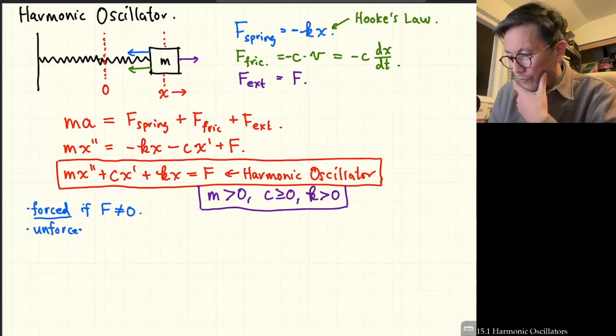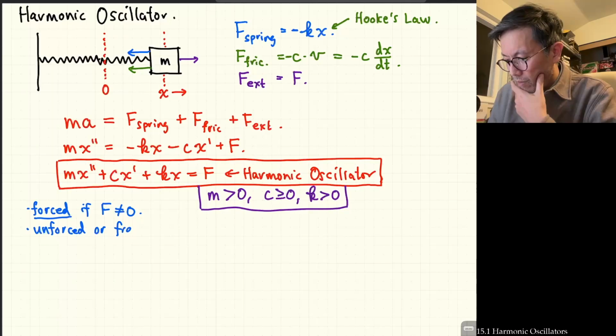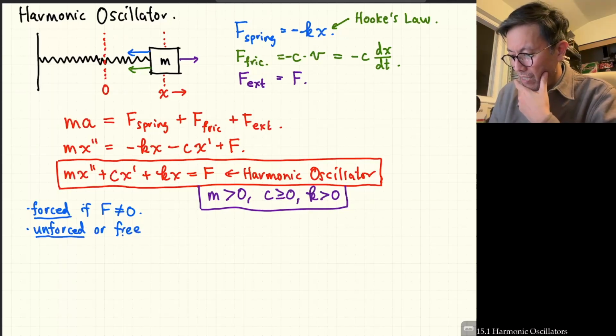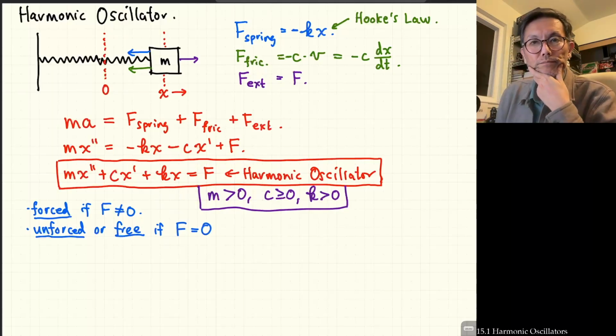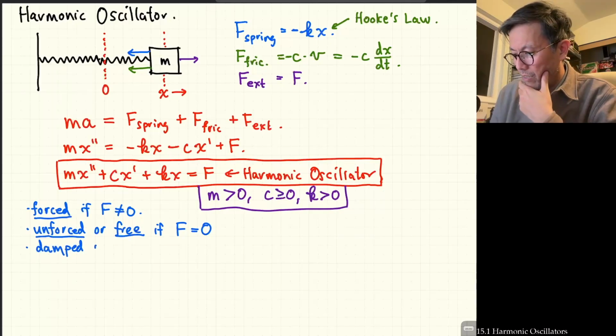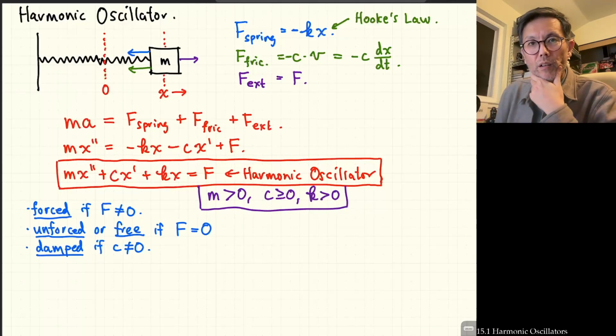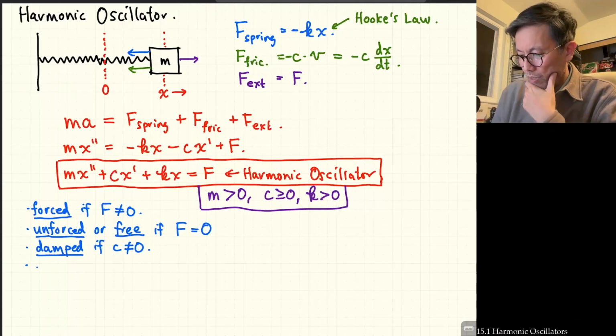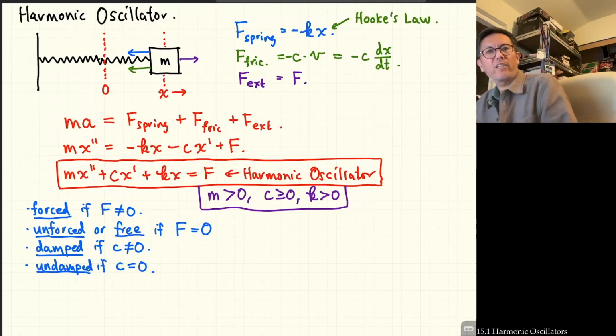I'll probably use free a lot. If big F is 0. Okay. It will be a damped harmonic oscillator if C is not 0, and it will be undamped otherwise. And we'll allow ourselves to think about such things, okay?